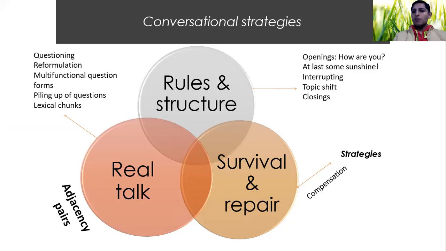How are you? Okay, this is the way you greet people, the way you approach them. And you have a couple of strategies for interruptions, such as "excuse me," or "may I have a word on that," or changing the topic: "Yeah, what about..." etc. Closing: "It's been so nice to talk to you."